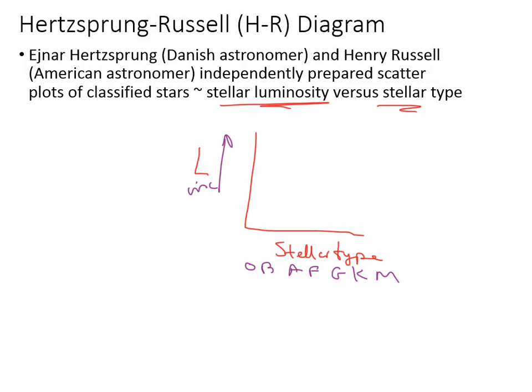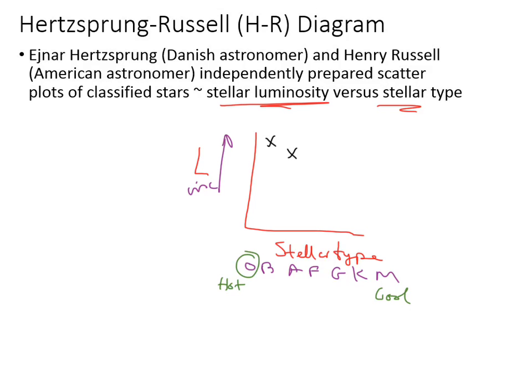When they did that, they actually found some patterns. These X's are going to be stars. They found, in general, not so surprising perhaps, that the hot ones, we said O types are hot, didn't we, and M types are cool. What they found was that the hot O-type ones had high luminosity. You're like, I could have told you that.